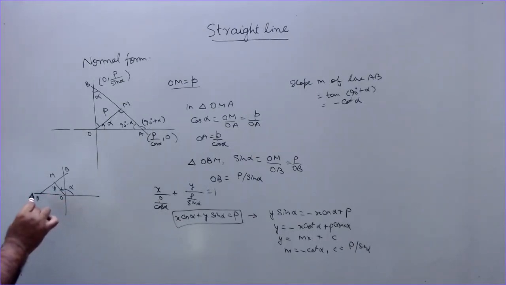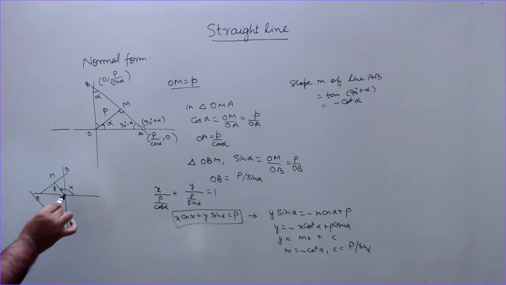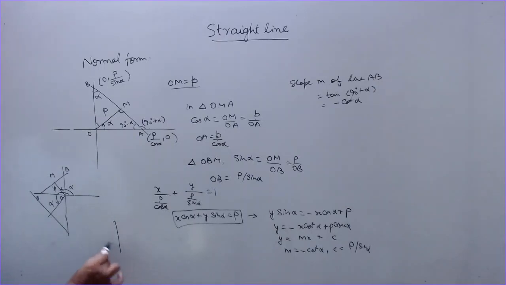If the line is lying in the third quadrant, this is the normal, then this angle will be alpha. And if the line is lying in the fourth quadrant, this is the normal, so this angle here is alpha. So this is how you can write the equation which is known as the normal form of the straight line.